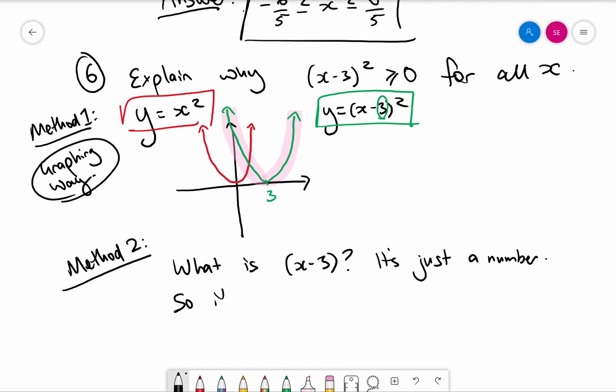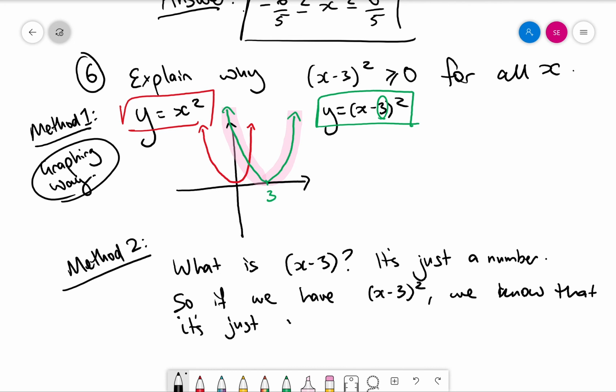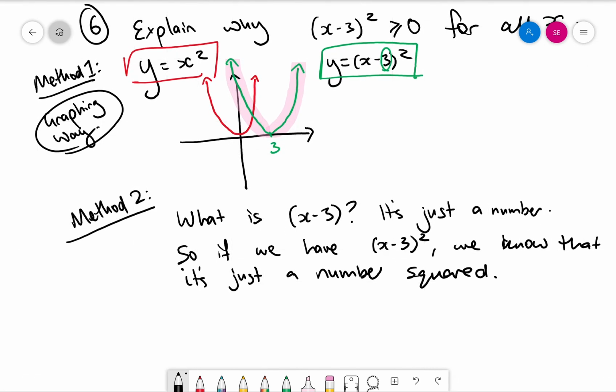So if we have x minus 3 squared, we know that it's just a number squared. Okay.